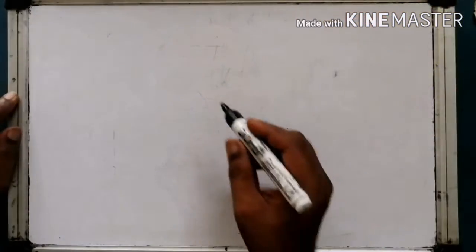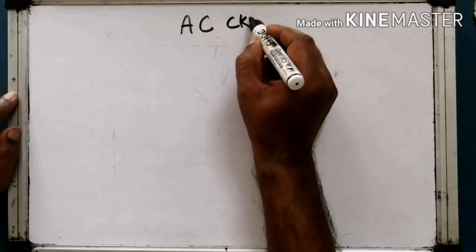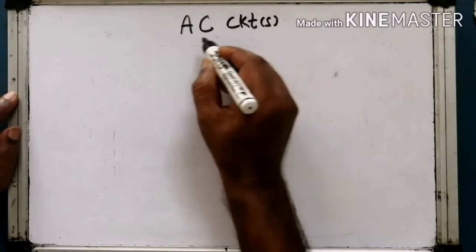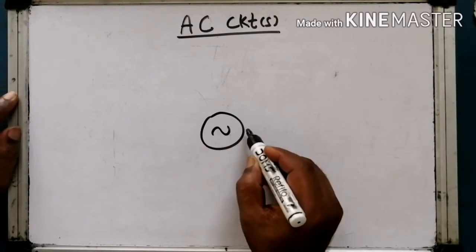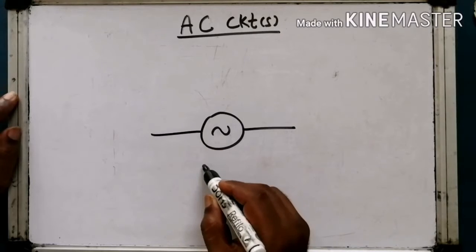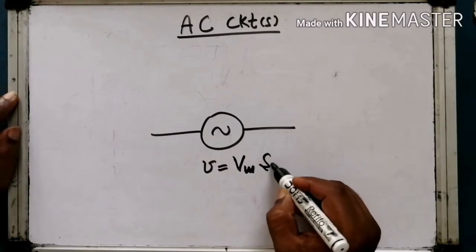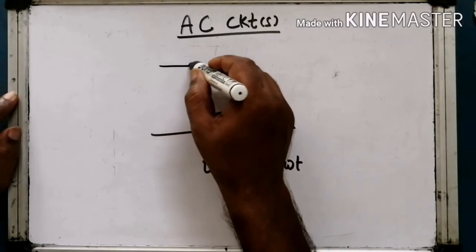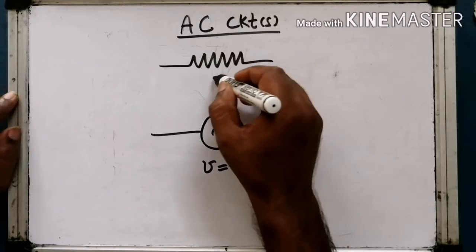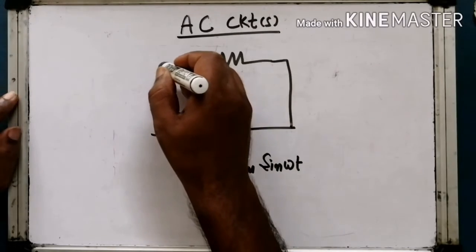Please see on the board. See the AC circuits. This one is the AC source. Its equation is V equal to V maximum sin omega t, and the component is R resistance, which is connected across the AC source.